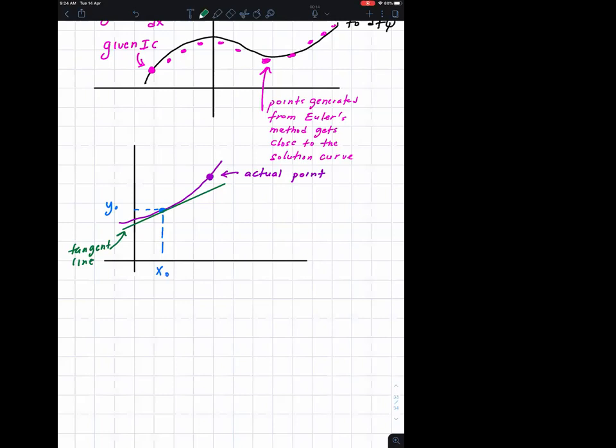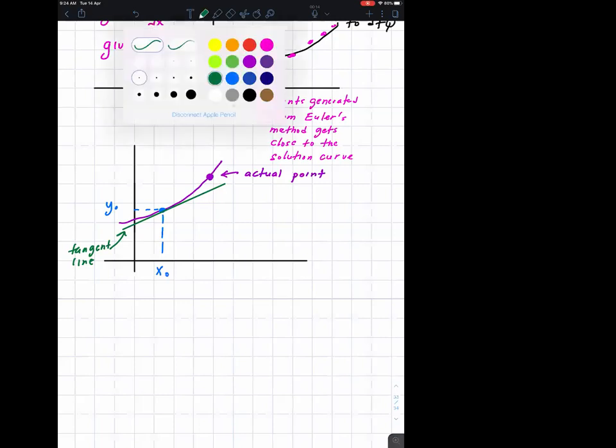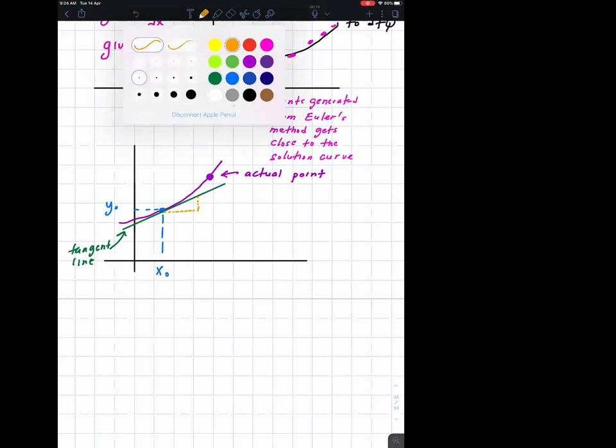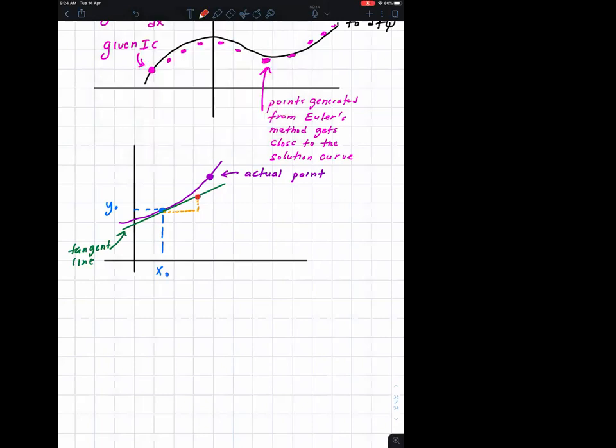Once you are given this point, what you do with it is you try to generate another point here. Call this point x1, and this is y1.